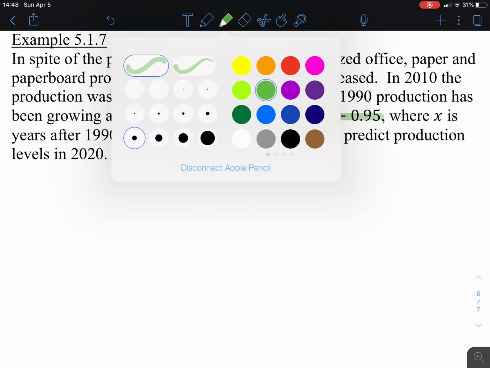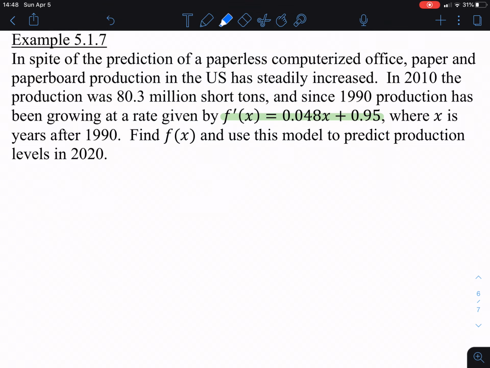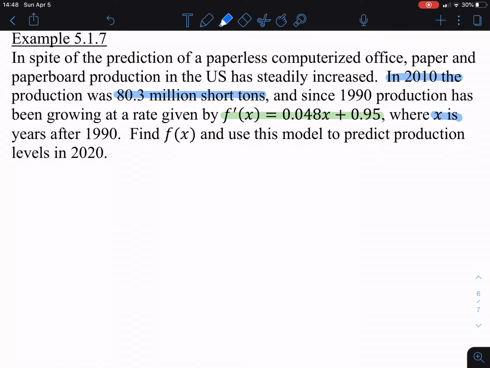Now, in addition, we're given the information that in 2010, the production was 80.3 million short tons. So I'm given a date and an amount of paperboard production, okay? And my function gives me paperboard production, where x is the years after 1990.